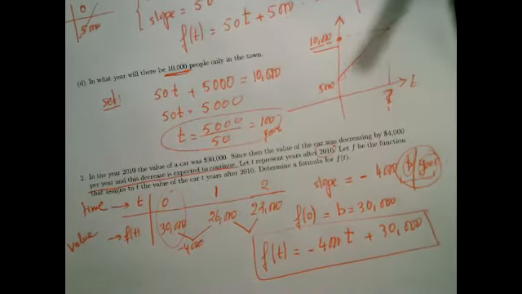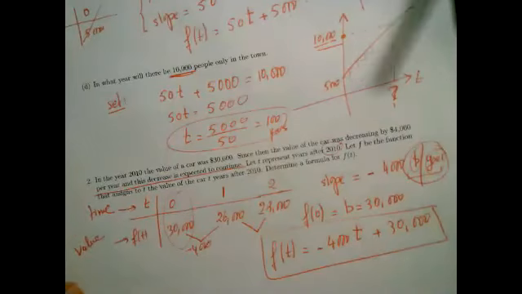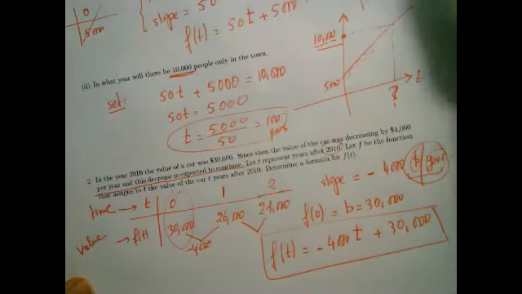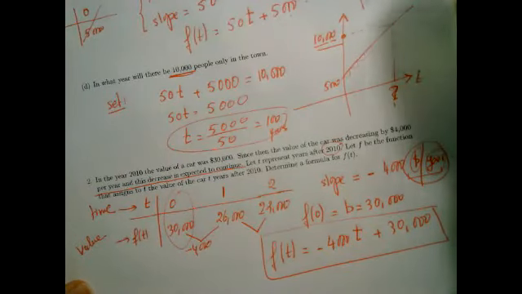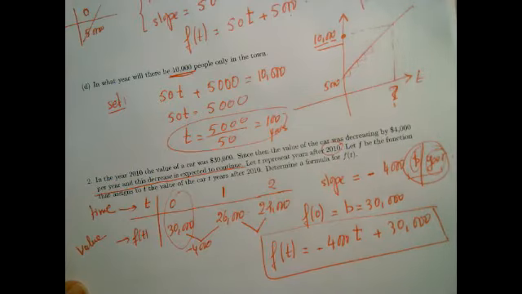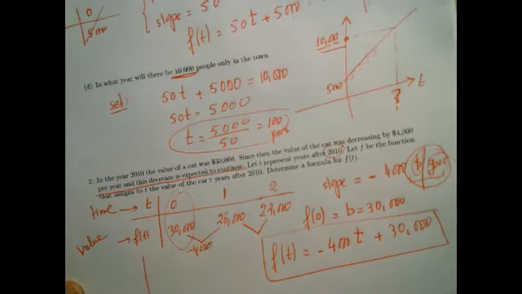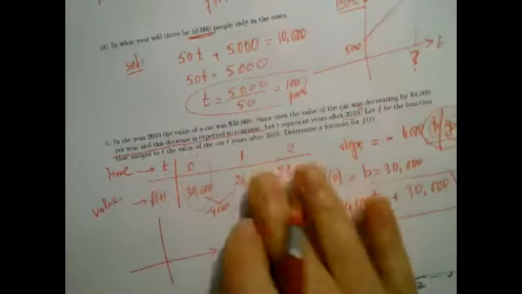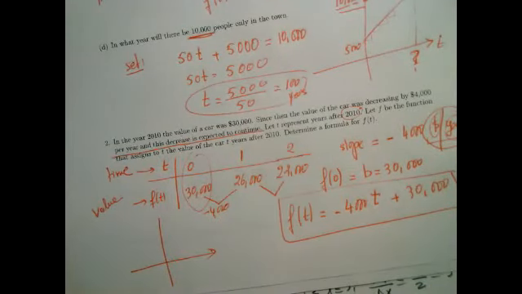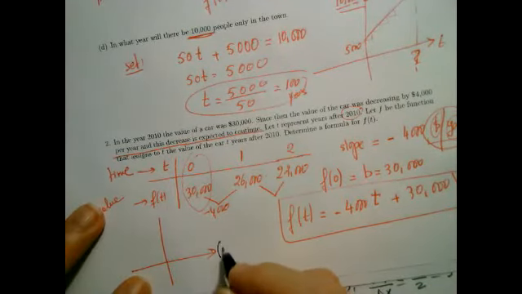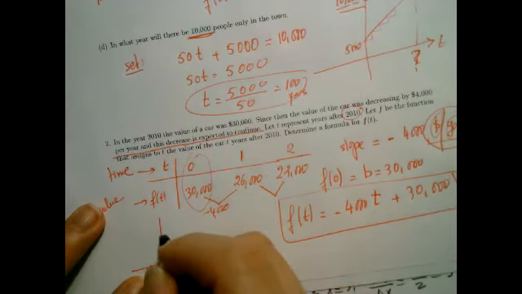And so the y-intercept is always, absolutely, the output when the input is 0, right? On the x-axis, the horizontal axis, they are the input values.